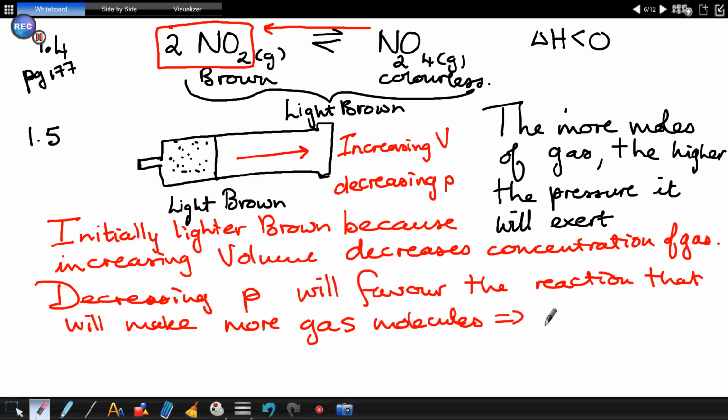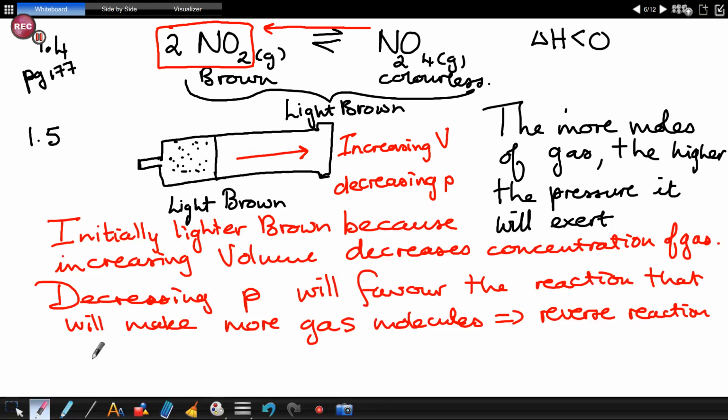And that would be the reverse reaction, because it forms 2 molecules for every 1 molecule of dinitrogen tetraoxide. So it will exert more pressure. When you decrease the pressure, the reaction will try and oppose it.